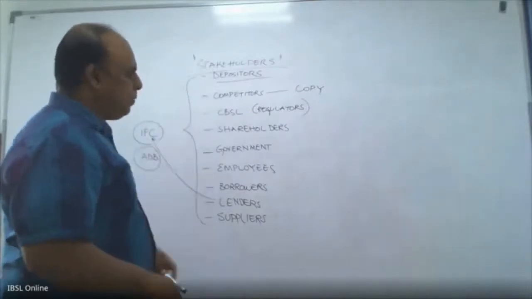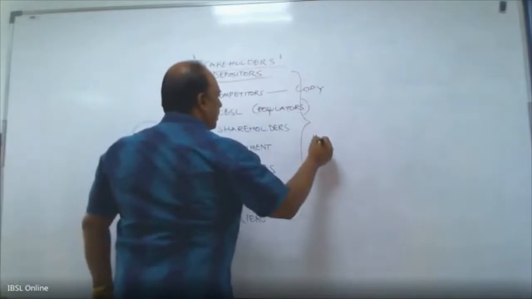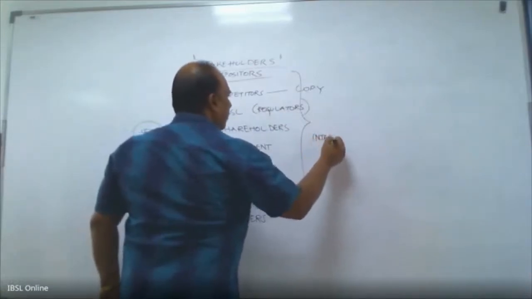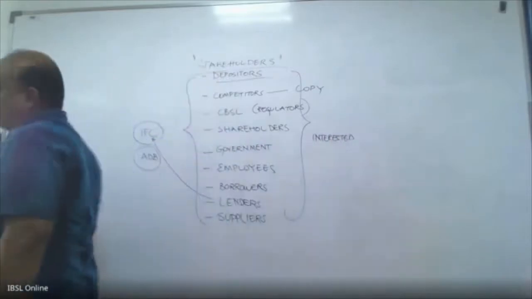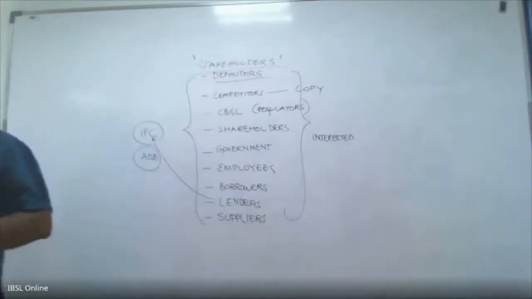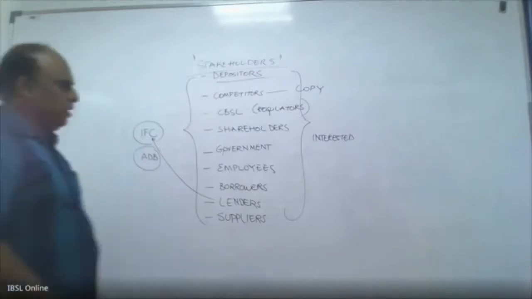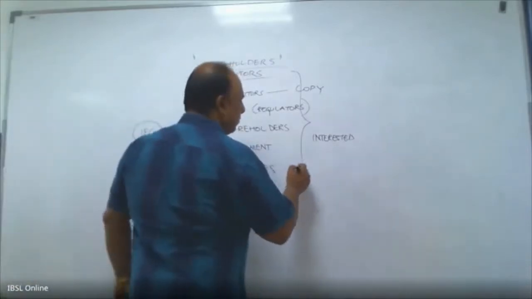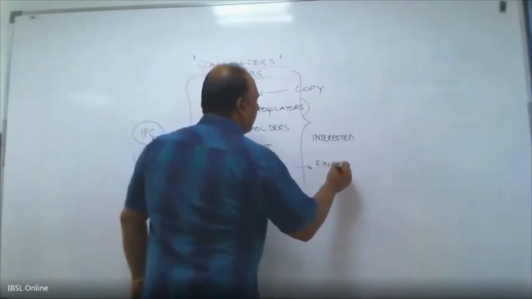But who are these people? People who are interested in your organization. So they are always watching you. So when they are watching, how can you go and reach them? You will try to reach them by producing financial information.